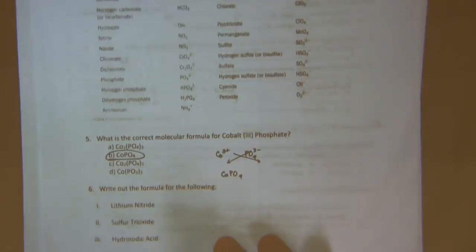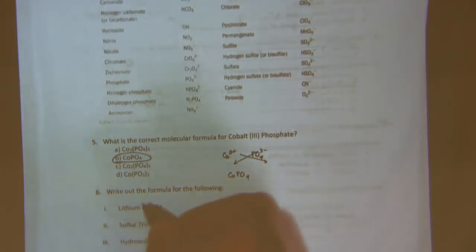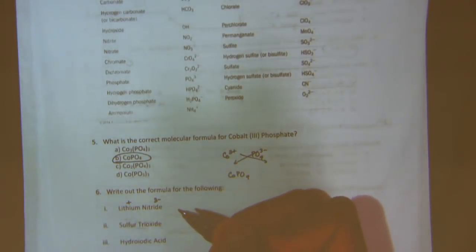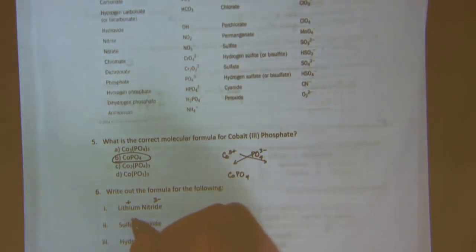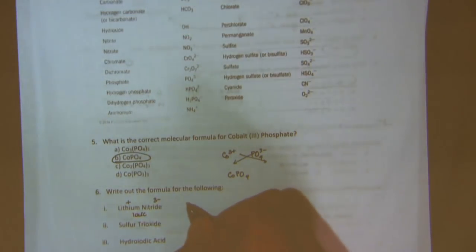Write out the formula for the following. So lithium has a positive 1 charge, it's an alkali metal, and nitride has a negative 3 charge. And so for this particular compound, it's ionic. And so we would perform that particular cross again, and we would get Li3N.